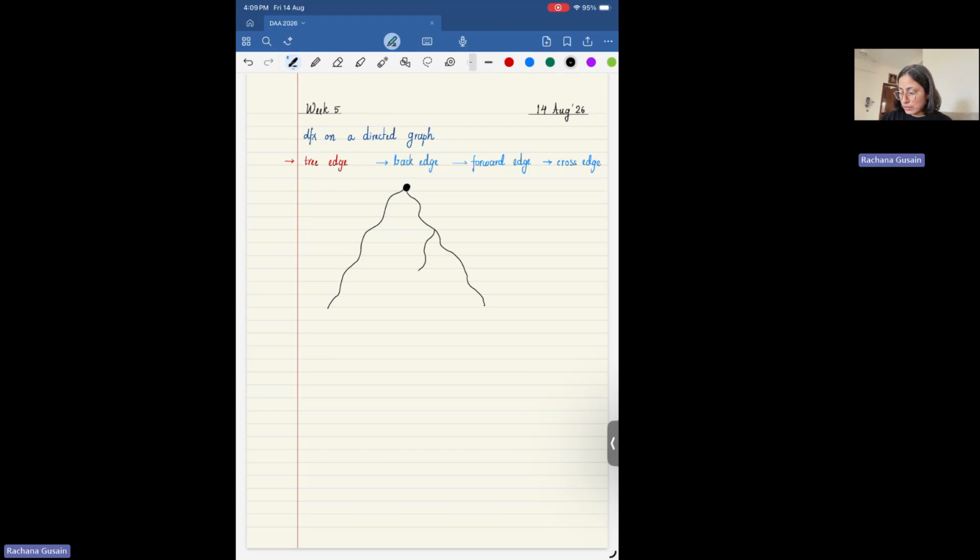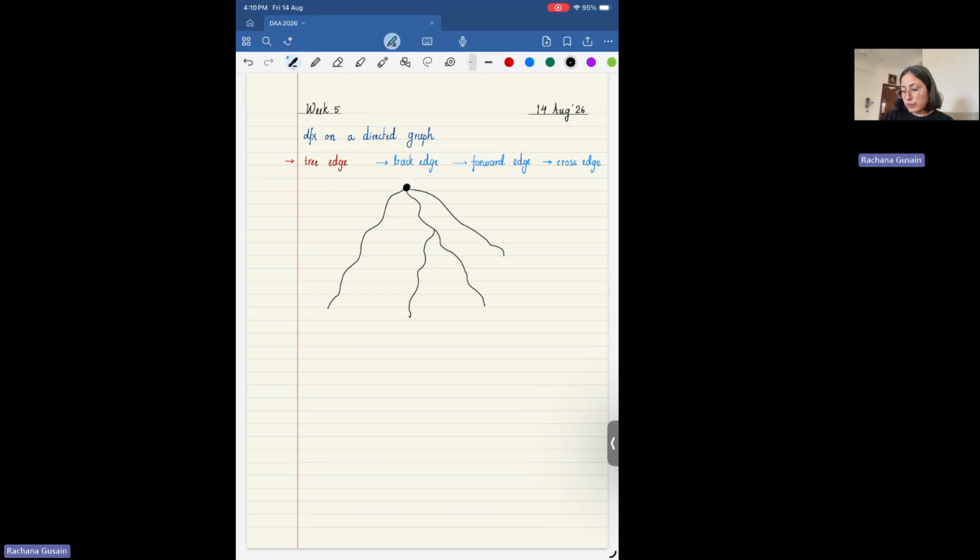Even within that, there can be several branches and so on.